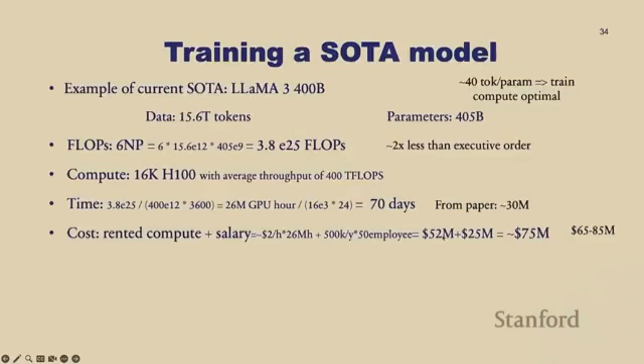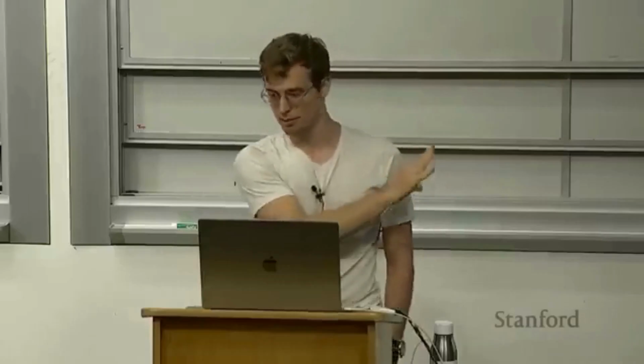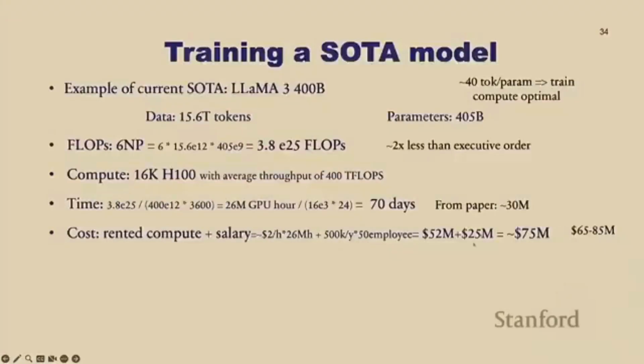They probably pay less than that, but not actually much less, because all these services that rent GPUs don't make that much money. So it's probably slightly less, but not that much less. Now salary, I said 50 employees, $500K per year. It's probably the right ballpark, 25 million. So if you put it all together, around $75 million for training this Llama model. I'm probably off by like 10 million, but that's kind of the right ballpark.